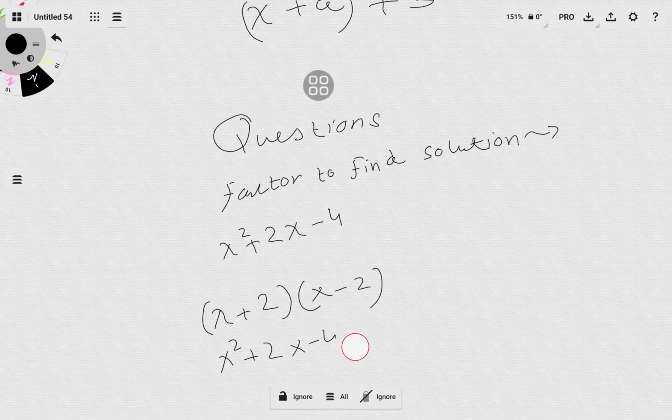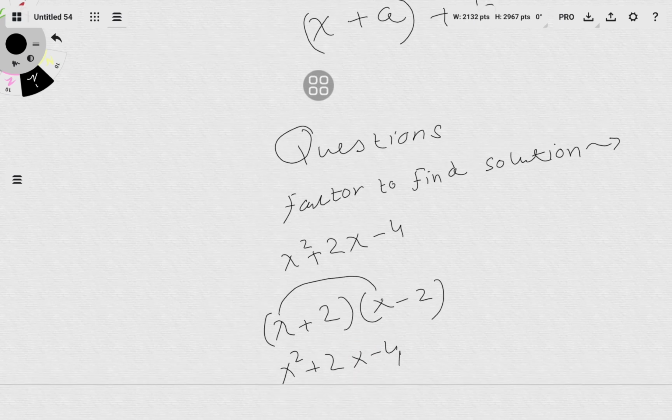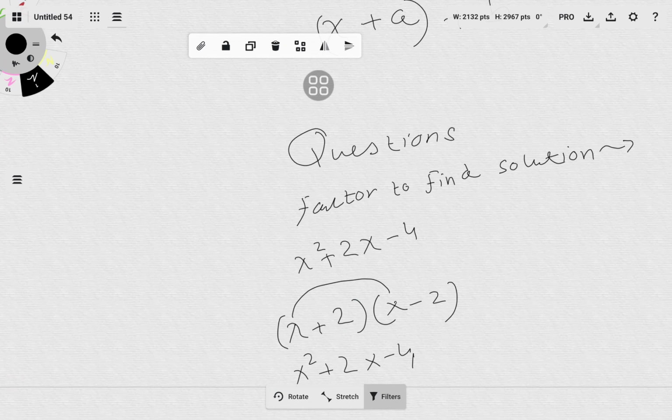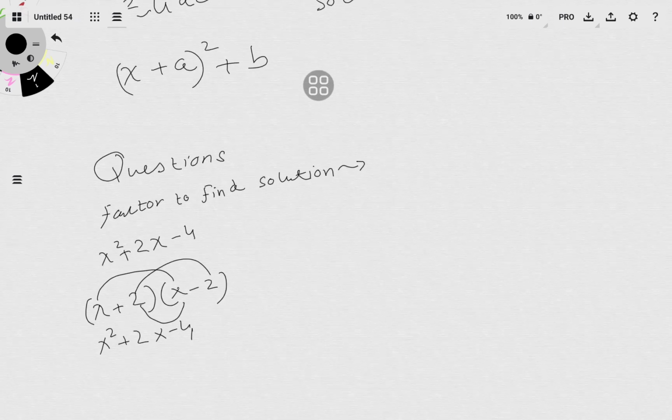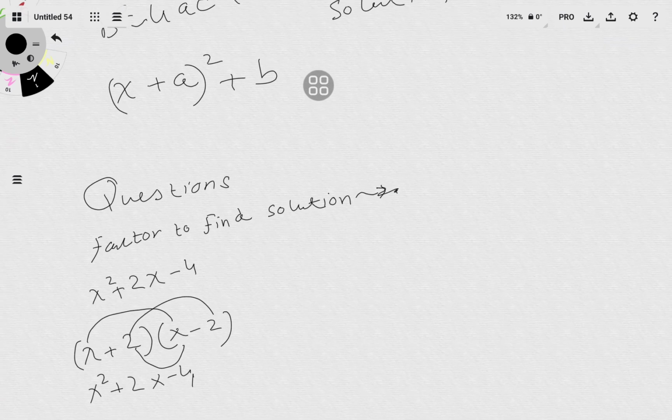We get that back from there. Basically x square, this 2x minus 4, so we get this. So the answer is either x minus 2 or x plus 2.